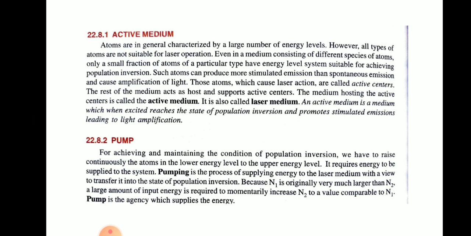Pumping is the process of supplying energy to the laser medium with a view to transfer it into the state of population inversion, because N1 is originally very much larger than N2. A large amount of input energy is required to increase N2 to a value comparable with N1. The pump is the agency which supplies the energy.